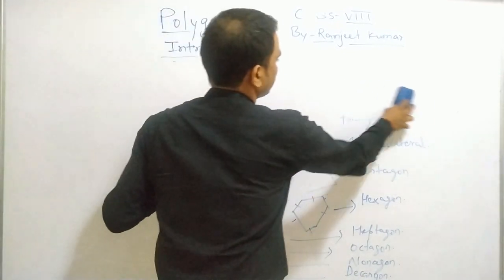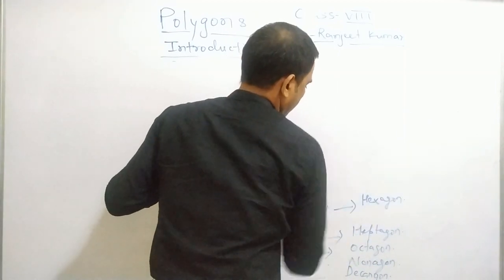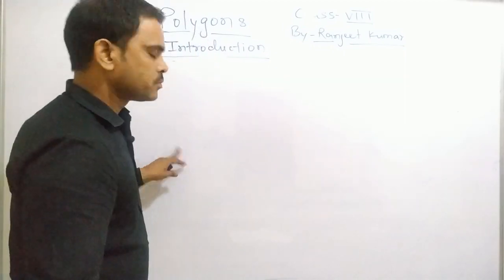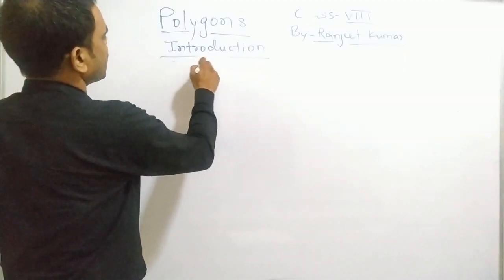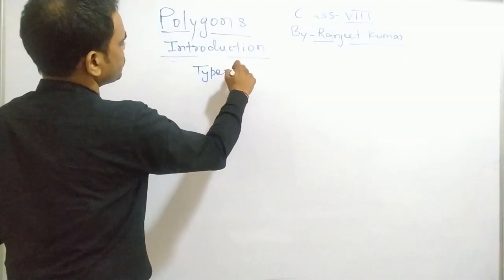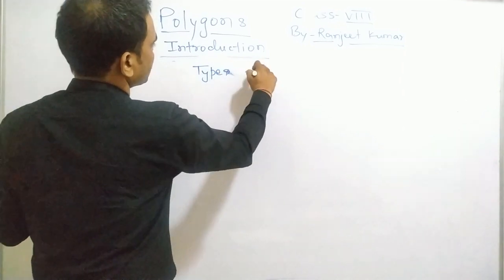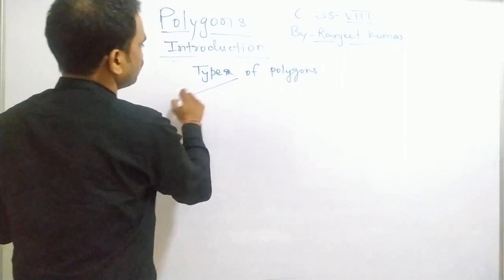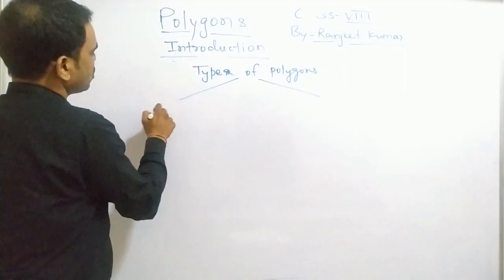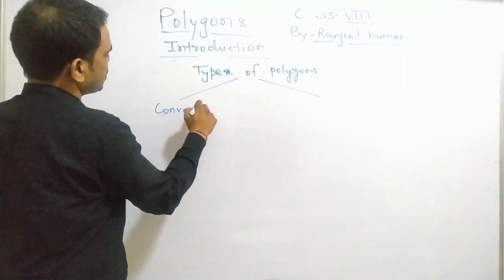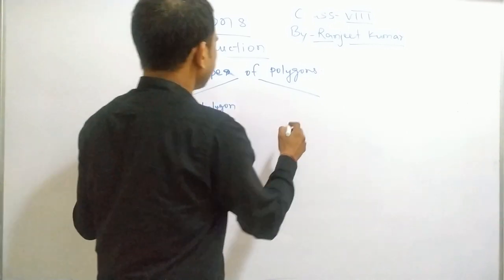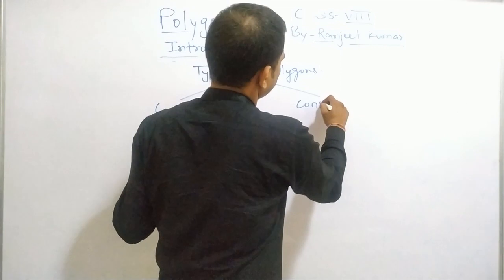We have categorized polygons into two types. One we call convex polygon, and the next one is concave polygon.